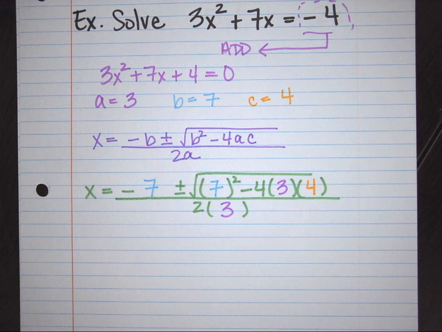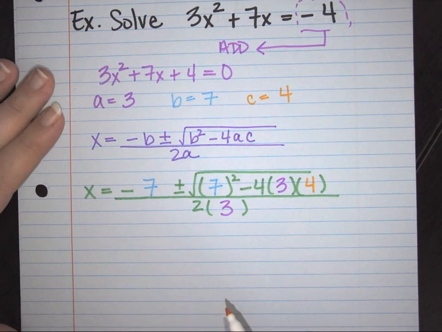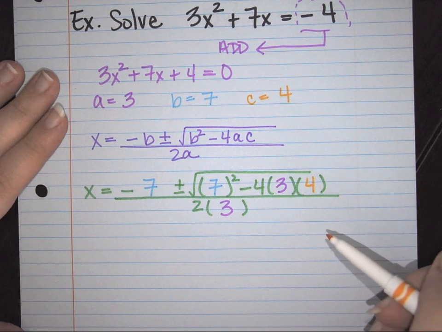Okay. So I have input everything where it needs to go, and now I need to simply start simplifying things down. The best place to start is with your radical.